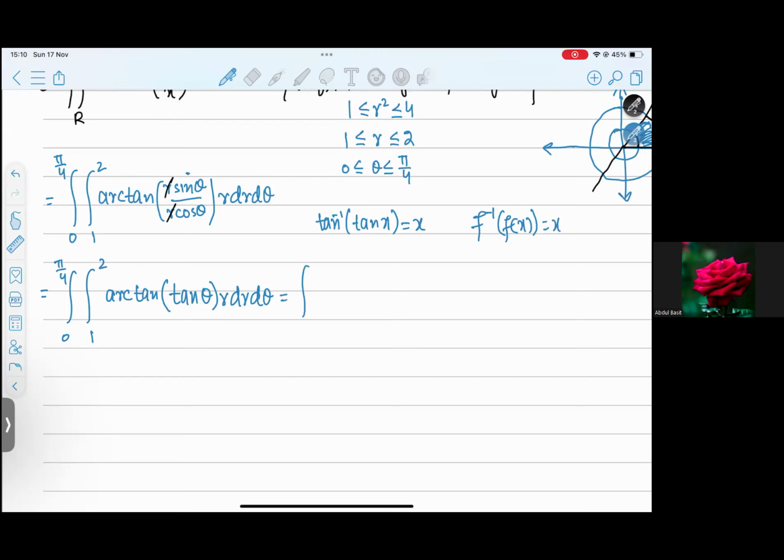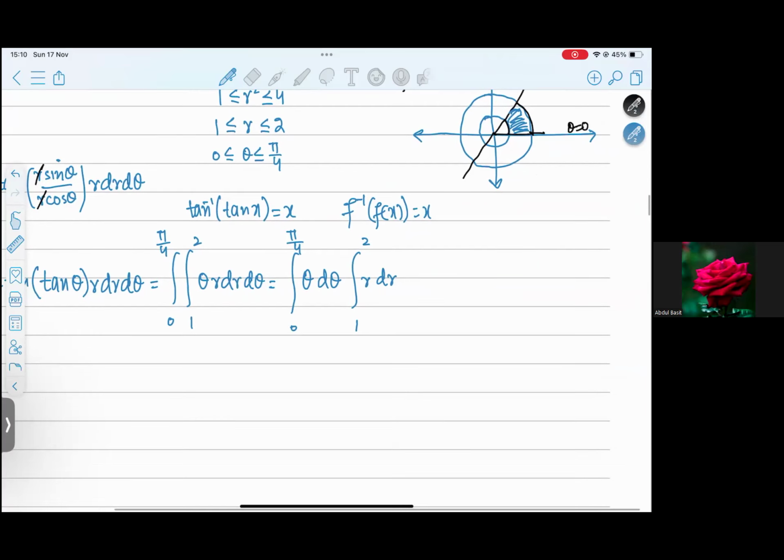So the integral will become theta limits from 0 to pi over 4, radius limits from 1 to 2 of just theta, r dr d theta. Splitting this integral, theta terms from 0 to pi over 4 of theta d theta, and radius limits from 1 to 2 of r dr.